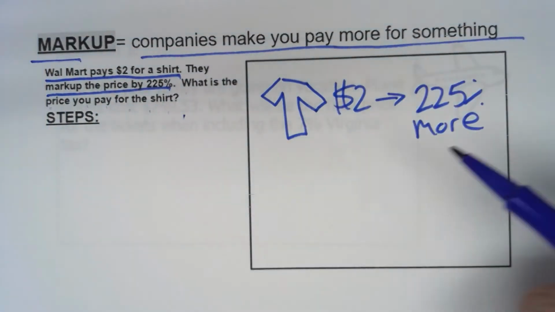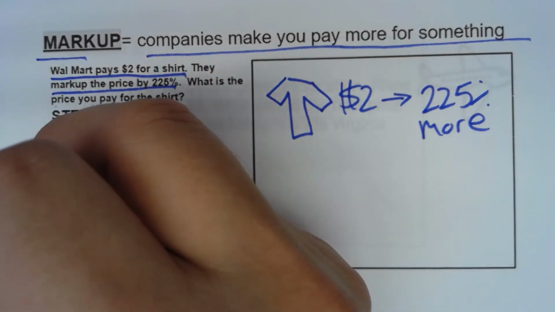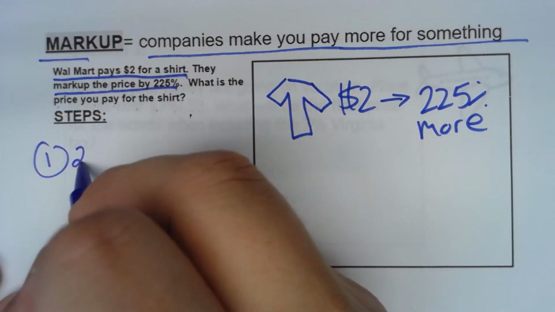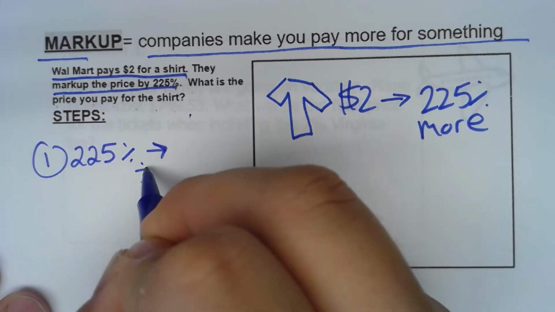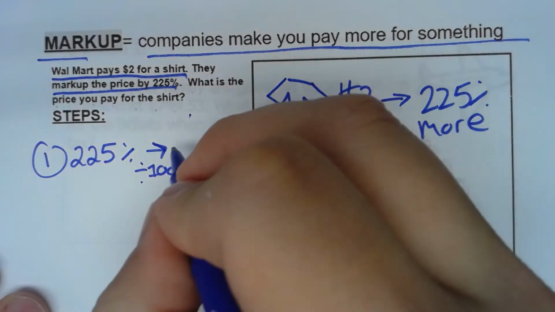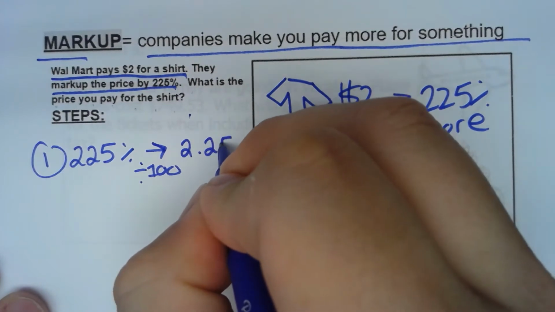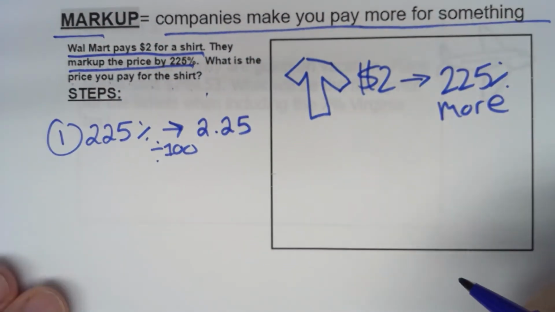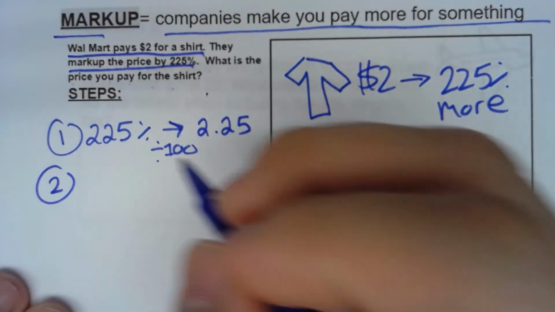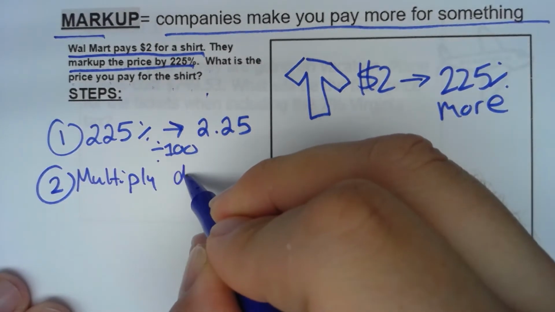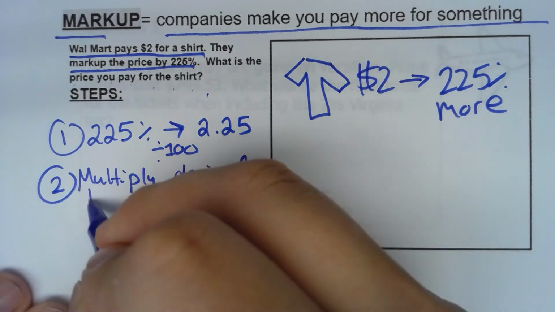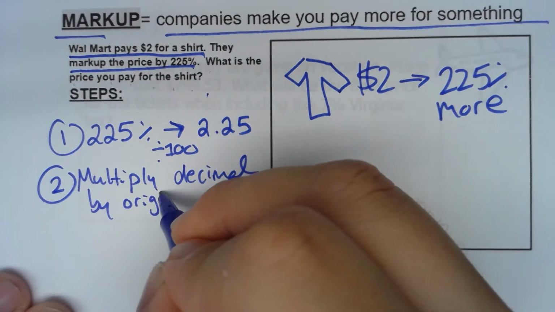The first 2 steps are the same. Step 1, change the percent to a decimal. Okay? Divide by 100. You're going to get 2.25. Step 2, you need to multiply the decimal by the original price.